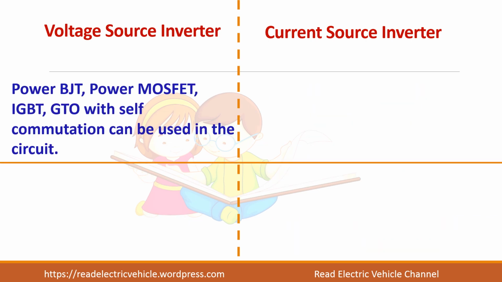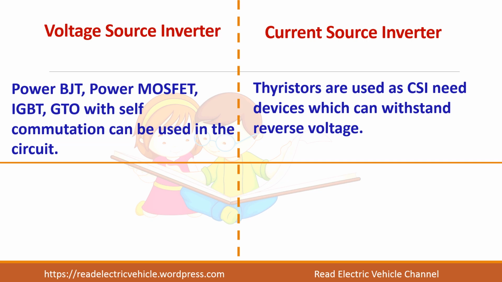And in voltage source inverter, we can use power BJT, power MOSFET, IGBT because they can be operated at very high frequencies, so normally it is preferred. But in current source inverter, the devices have to withstand large reverse voltage. So normally thyristors or GTOs are used.